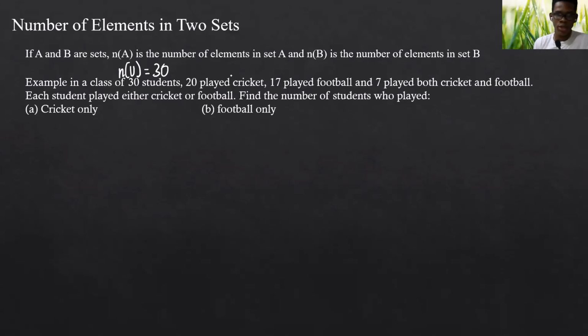So 20 played cricket, meaning let's use C for cricket. Could have been a controversy there if I had used C. So let's use C for who played cricket. So the number of elements in the set cricket would be 20. Simple as that.